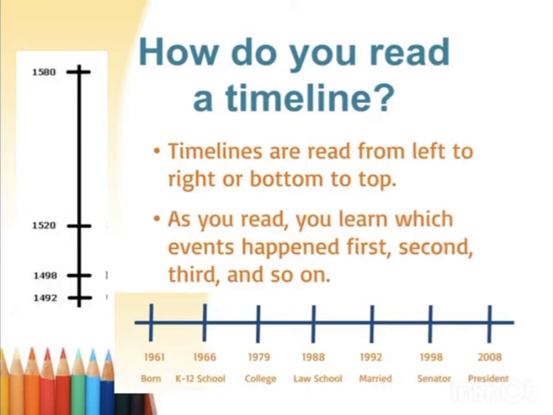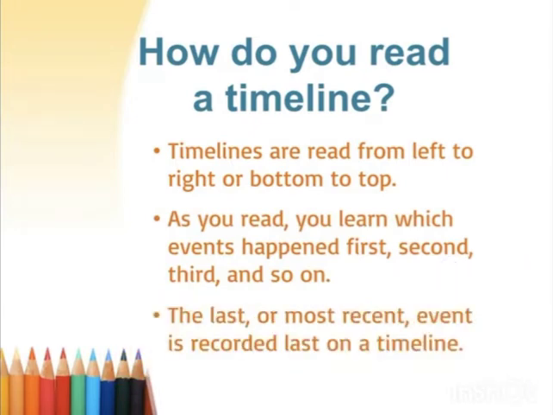The events are placed in the order in which they happened, which happened first, which happened second, third, and so on. They are written in order in which they happened. The last or the most recent event is recorded last on a timeline.